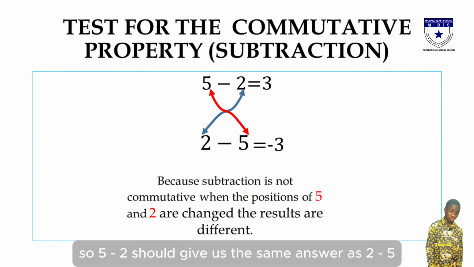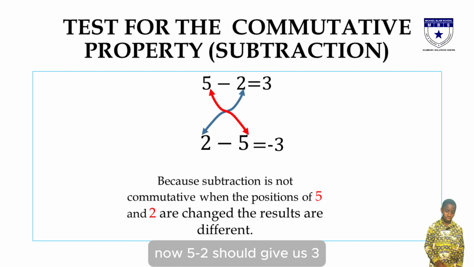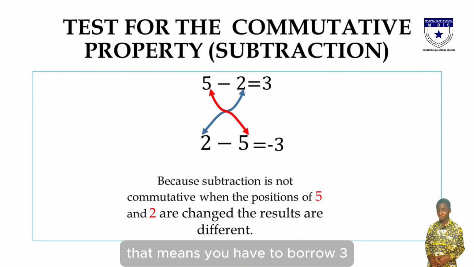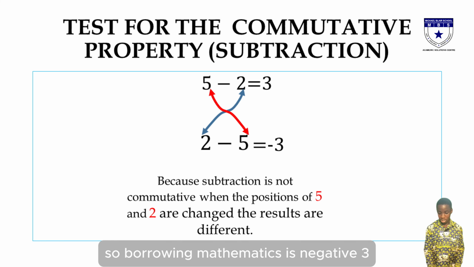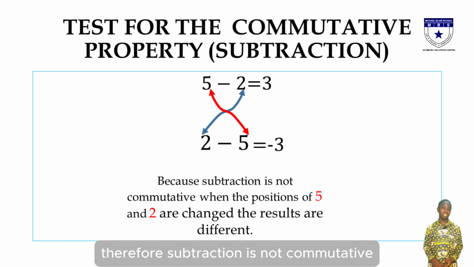So 5 minus 2 should give us the same answer as 2 minus 5. Now 5 minus 2 should give us 3. 2 minus 5. You have 2 and I'm asking you for 5. That means you have to borrow 3. So borrow in mathematics, negative 3. And 3 is not the same as negative 3. Therefore, subtraction is not commutative.